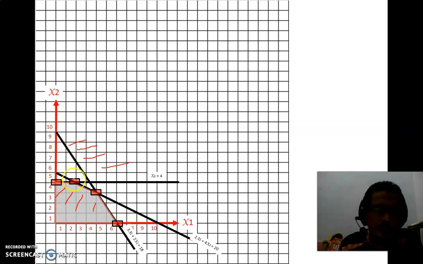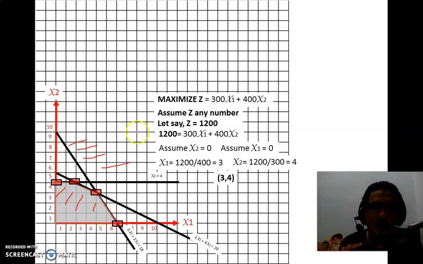We have four possible points of the answer: number 1, number 2, number 3, and number 4. So how do we solve the problem? From the objective, maximize Z equal to 300 x1 plus 400 x2, we assume Z is any number. Let's say we assume 1200 and insert it into the formula, we get x1 and x2 as 4 and 3.